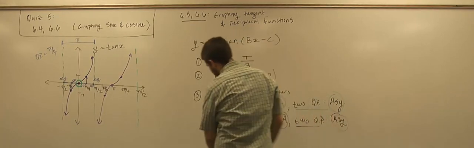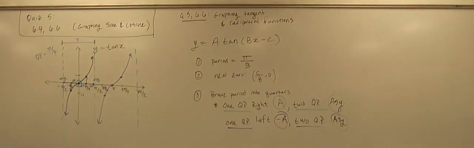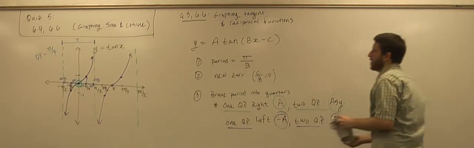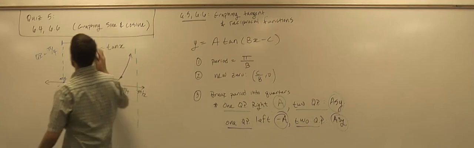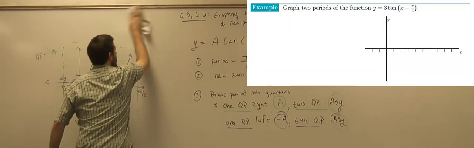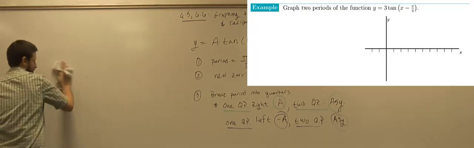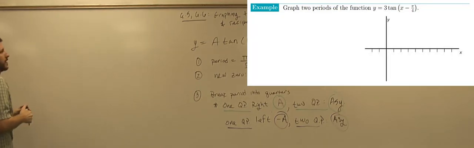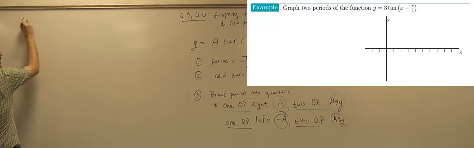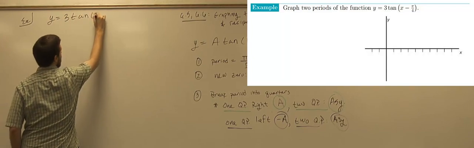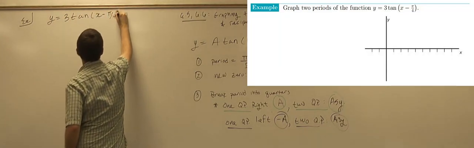Alright. Let's graph us a tangent. Graph 2 periods of the function y equals 3 tan(x minus pi over 4). Let's see, we have y equals 3 tan(x minus pi over 4).